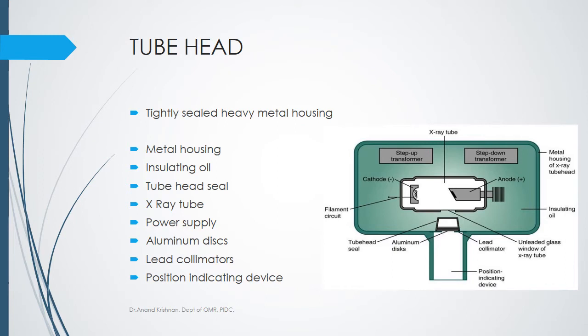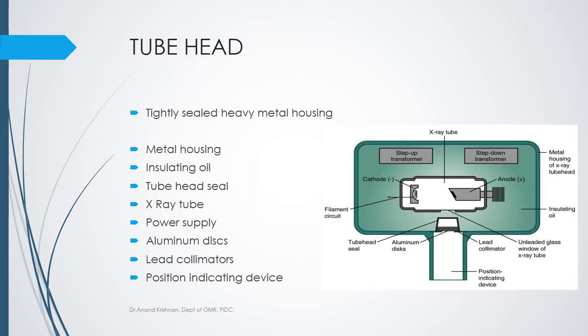So moving on to the tube head, the most important component here. Like I told you before, it has a very tightly sealed heavy metal housing, and it is generally coated with lead to prevent any scattering of X-rays and to converge them into one point.